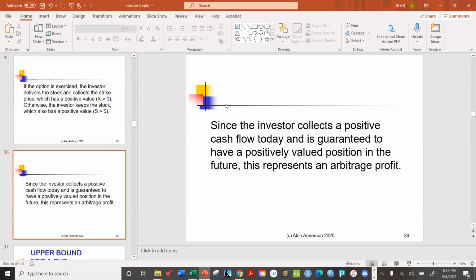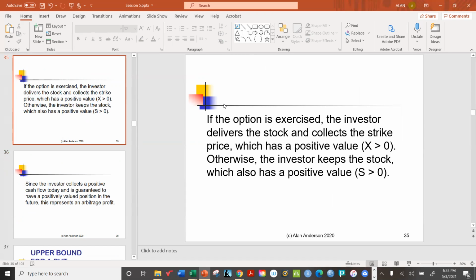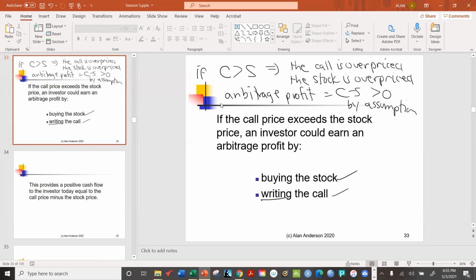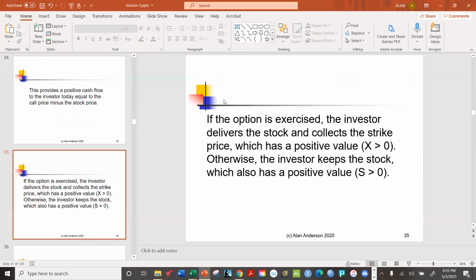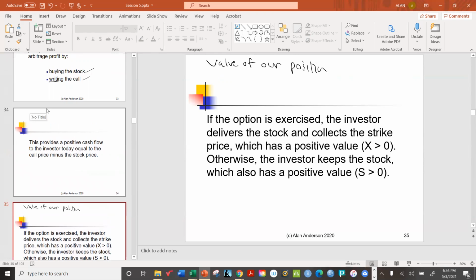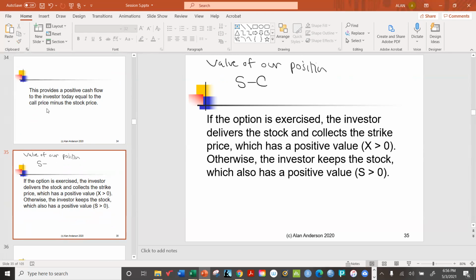Now, in these cases, what we need to do is keep track of what happens if we exercise or do not exercise the call. So in other words, remember what we've done here. We've written the call and we bought the stock. Okay, so the value of our position is we own the stock, but we shorted the call.